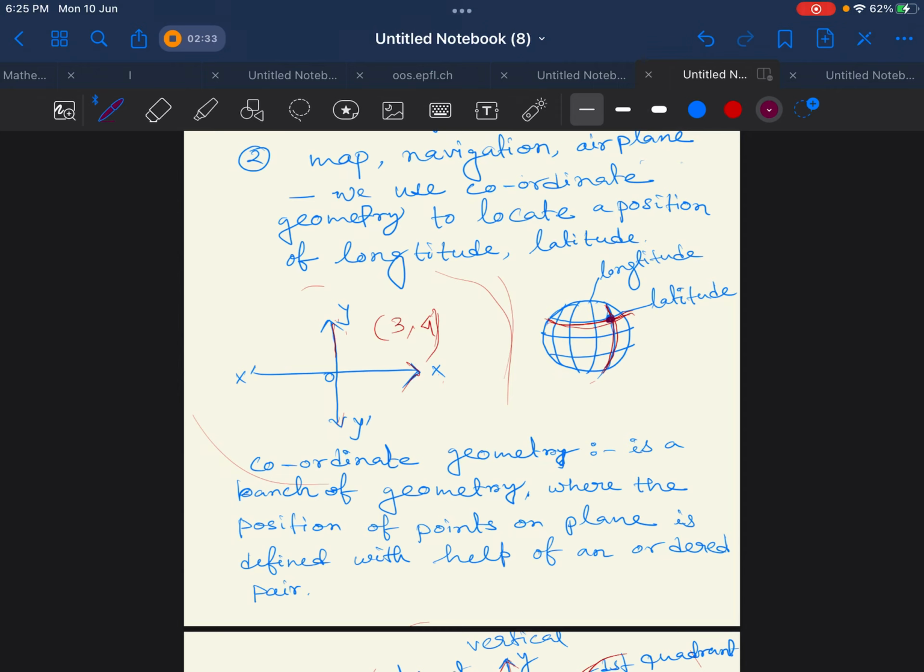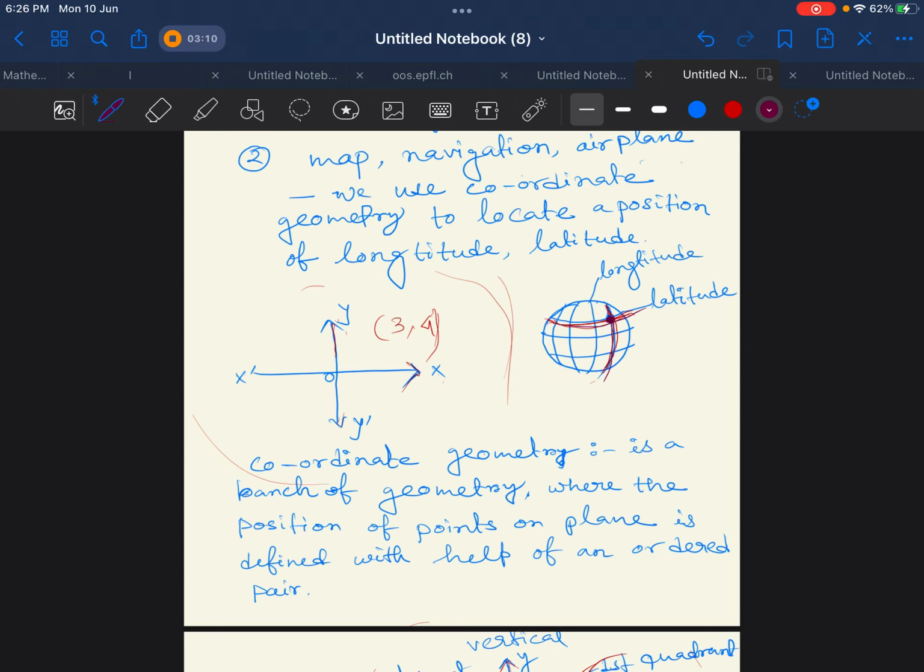So there we use coordinate geometry. Suppose when we tell someone we are in Delhi, it is the location of Delhi. Okay, so here we use coordinate geometry and we get this point by the longitude and latitude.